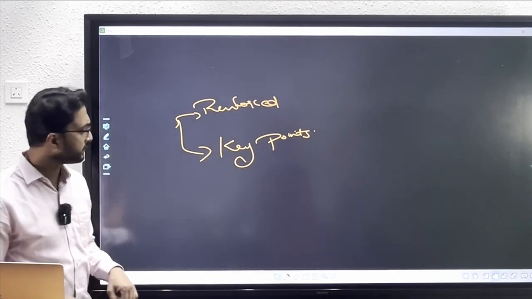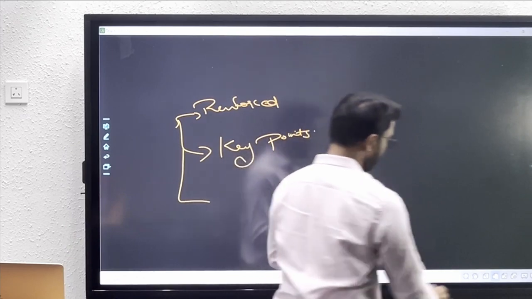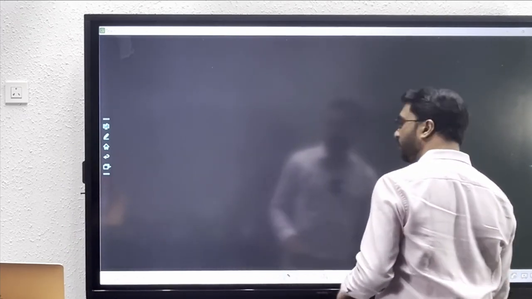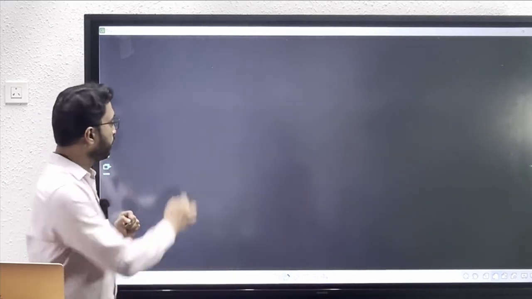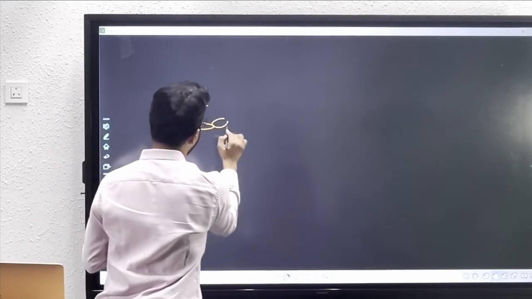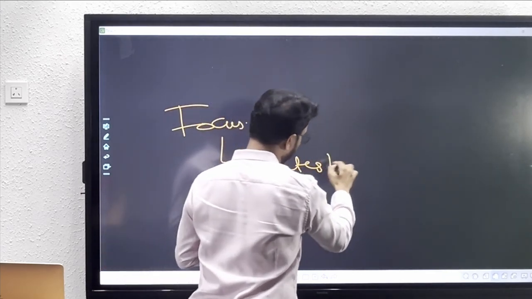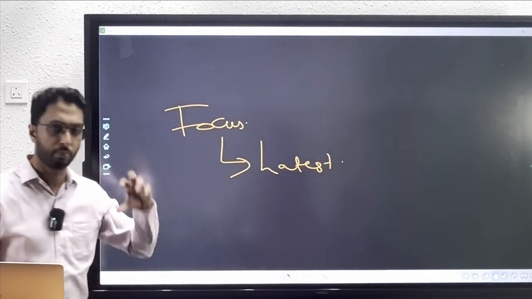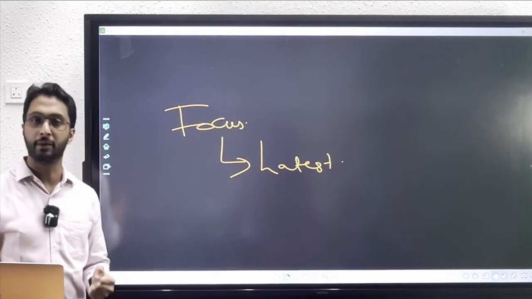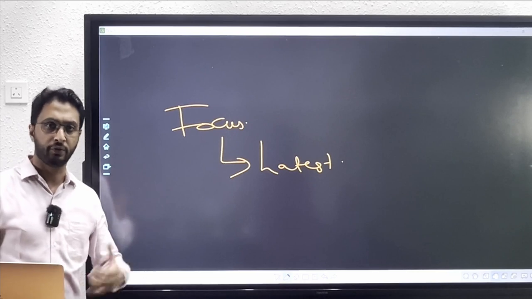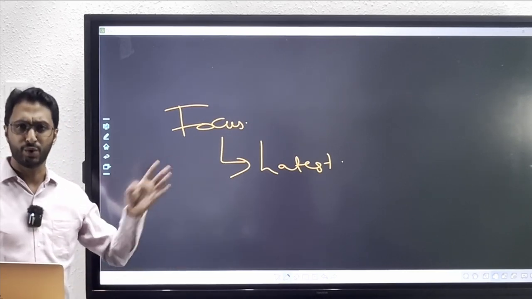One is reinforcing again. Second, you know where to focus more based on the latest pattern of examination. Because when you open your Dental Pulse, you know, okay, this is where more questions are coming. For example, we are teaching you oral pathology, ameloblastoma, COT, AOT, all these things.